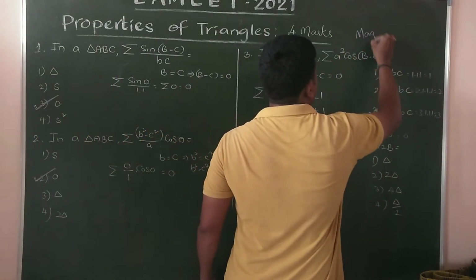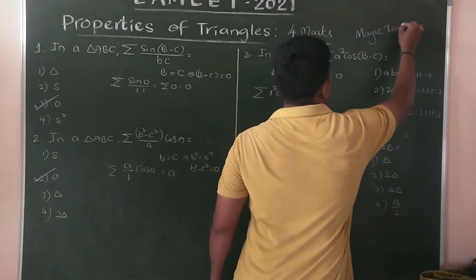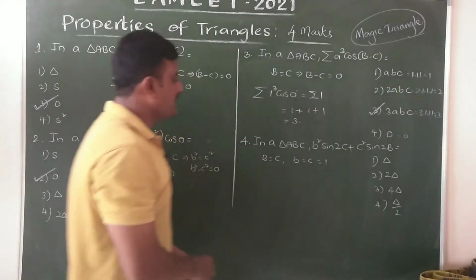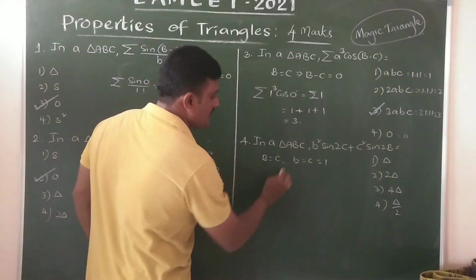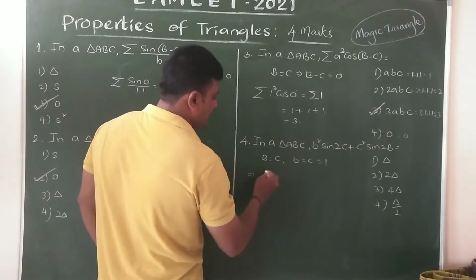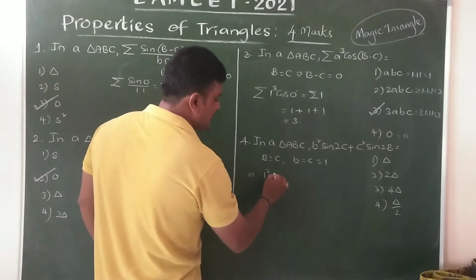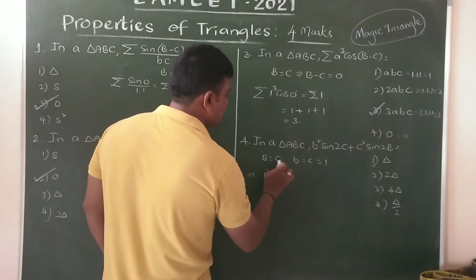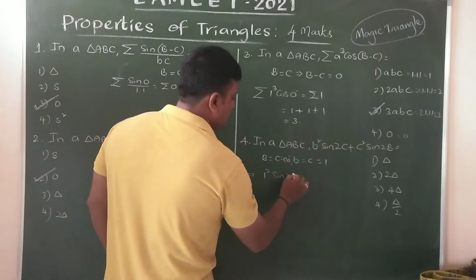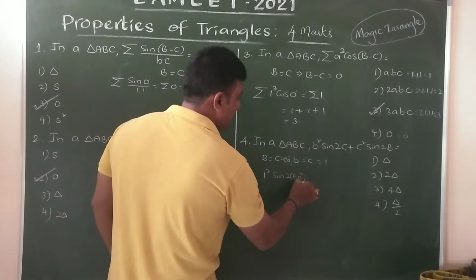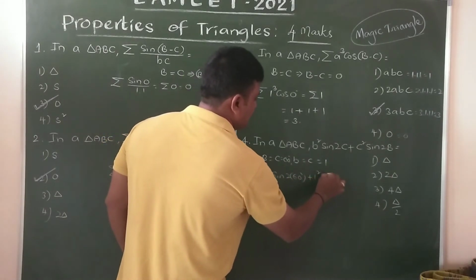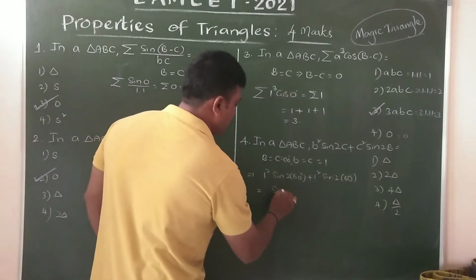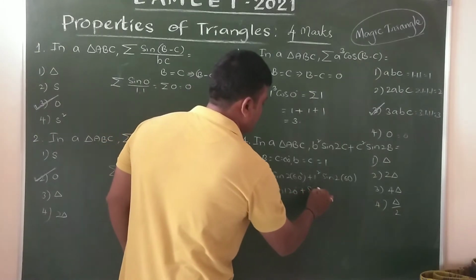Remember, magic triangle means equilateral triangle. Now apply b square, 1 square sin 2c, sin 2 into b equals c, which is 60 degrees, yes or no? Then 2 into 60, plus c square, 1 square sin 2 into 60, that equals sin 120 plus sin 120.